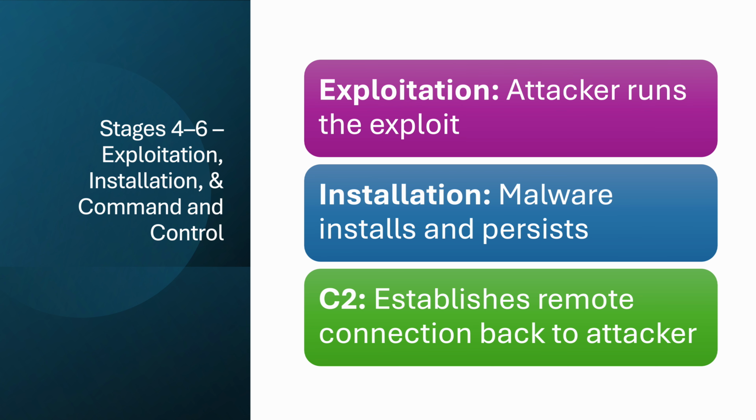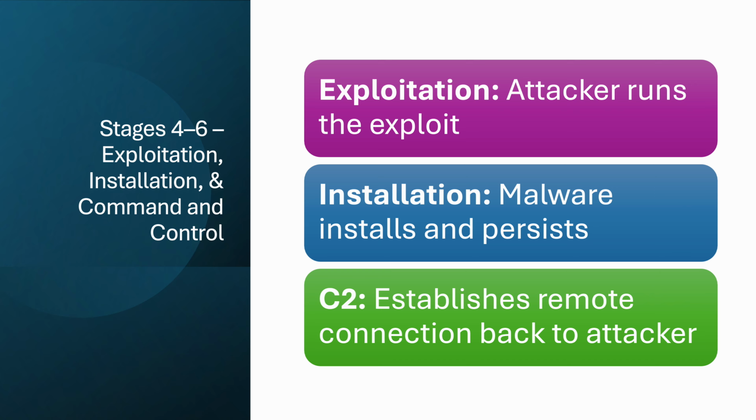Now let's look at the middle stages where the attack becomes active. Once the victim interacts with the payload, exploitation happens. The attacker's code runs and begins to take control. Next comes installation, where the malware establishes persistence so it can survive a reboot or a system cleanup.